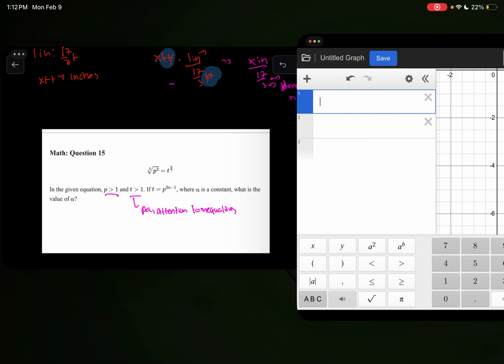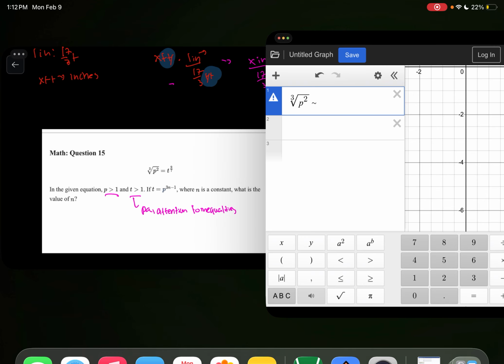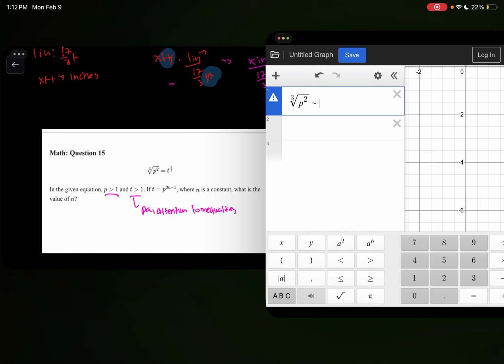Okay, so we have a cube root of p squared, and there's a shortcut to do a cube root. It's just CBRT. And now p squared. And now we want to use the tilde. The tilde should be on the top left of your keyboard. And that's equal to t to the power of 9/7.